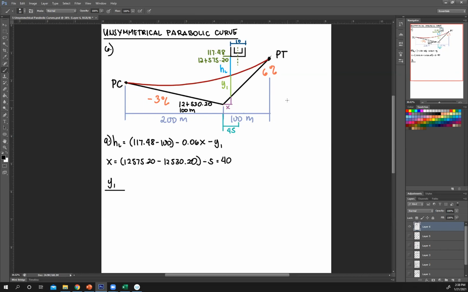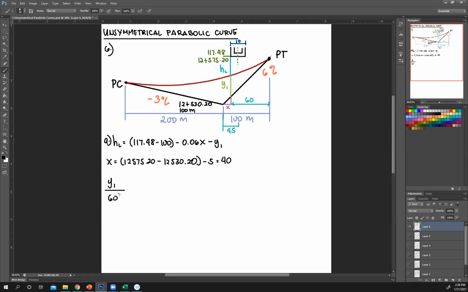We're taking it from PT, since this is the closer side. Since this x is 40 and the total length is 100, this is 60. So 45, 40, 60.